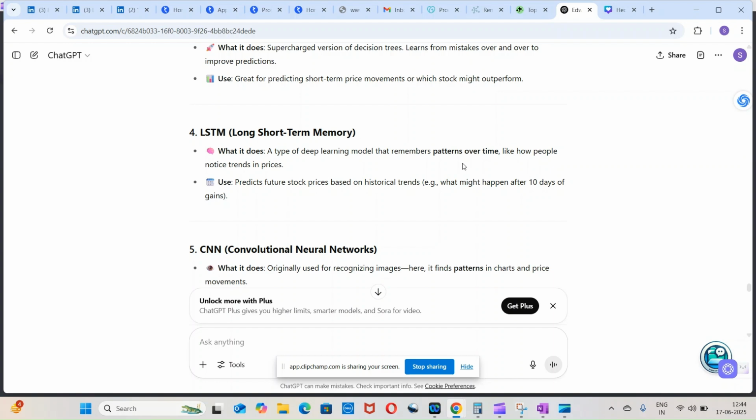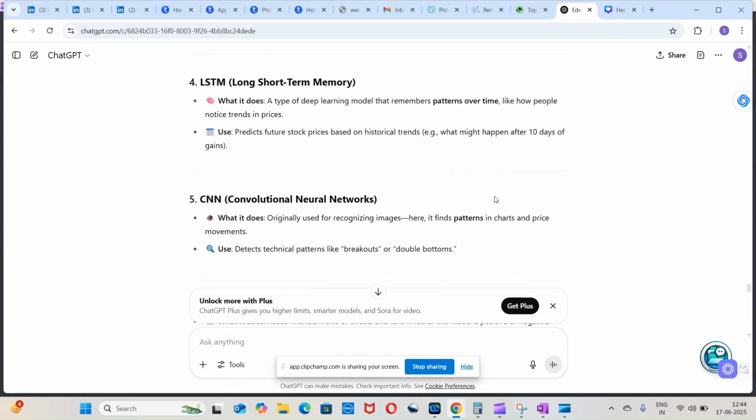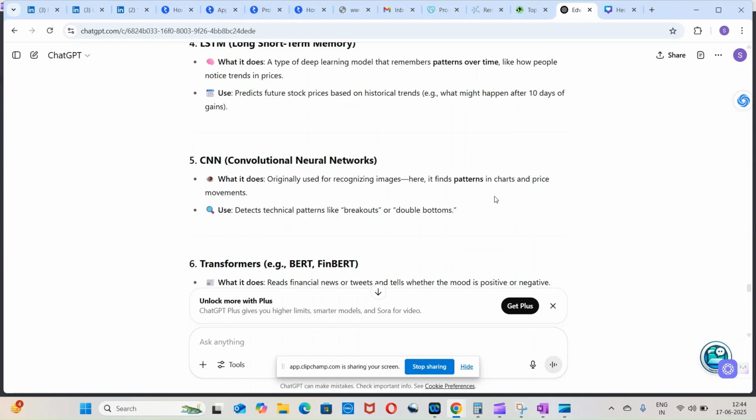They do this deep learning, and they remember patterns over time, like how people do. This is used to predict future stock prices based on historical trends, like what might happen after 10 days of gains. So this is used for forecasting or prediction based on historical trends.